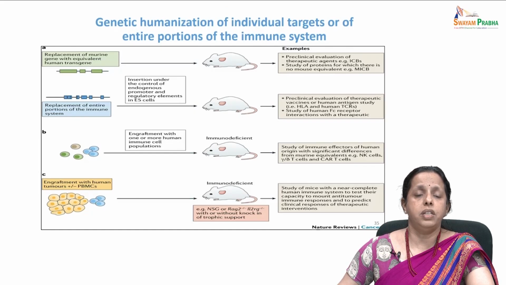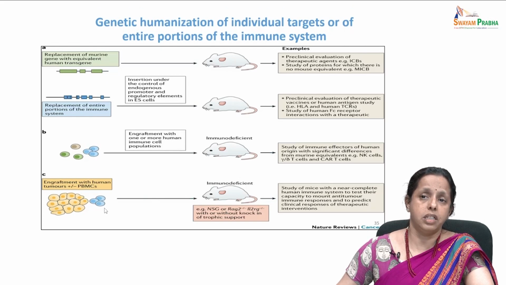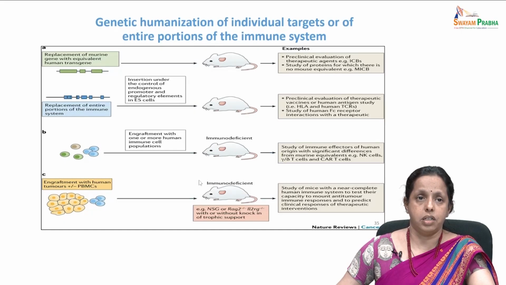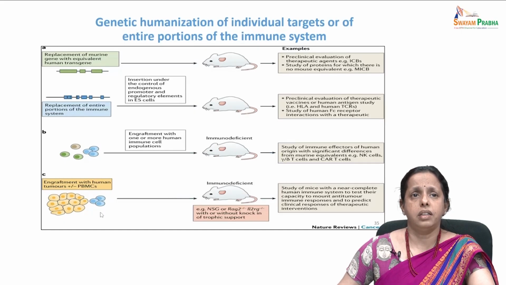The immunodeficient mice may be reconstituted with peripheral blood PBMCs from the patients or the tumors, and that too from the same patient, to predict clinical response to novel therapeutic interventions. So, these are the three different processes of genetic humanization of individual targets.